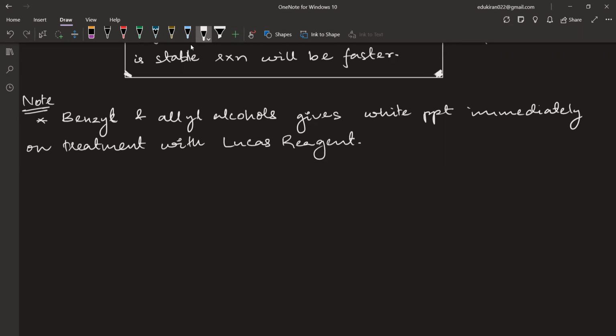Why is that? Even though benzyl and allyl, both of these are what? Both of these are primary alcohols.